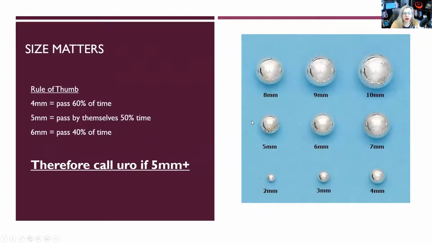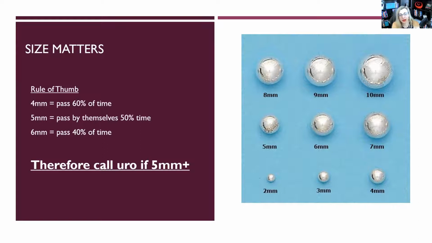Now we can finally talk a little bit about stone sizes. I'm not as familiar with a lot of these millimeters and centimeters, so I really like to visually see a graphic. That's why I've included this really handy graphic that somebody else put together, showing what different millimeter-sized marbles, or maybe these are metal balls, look like.